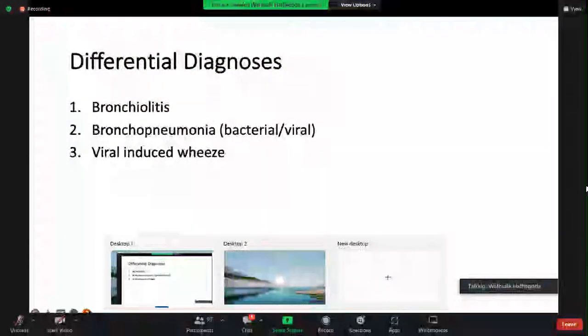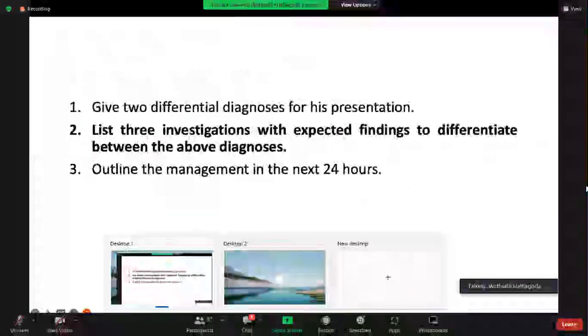It could be bronchopneumonia, viral or bacterial, as well as viral induced wheeze. Anything else that you thought of as differentials? All right, let's move on to the next. Who's going to discuss the next part?